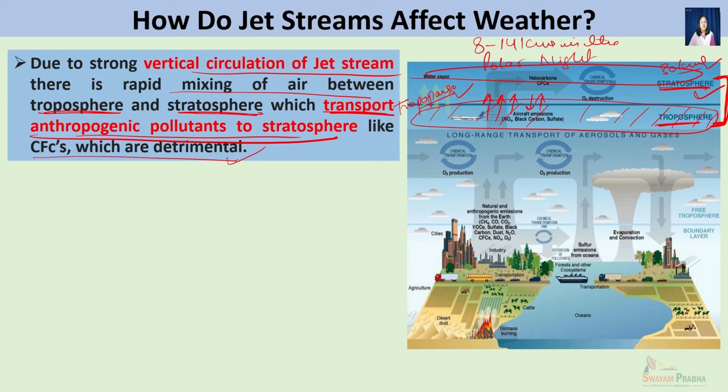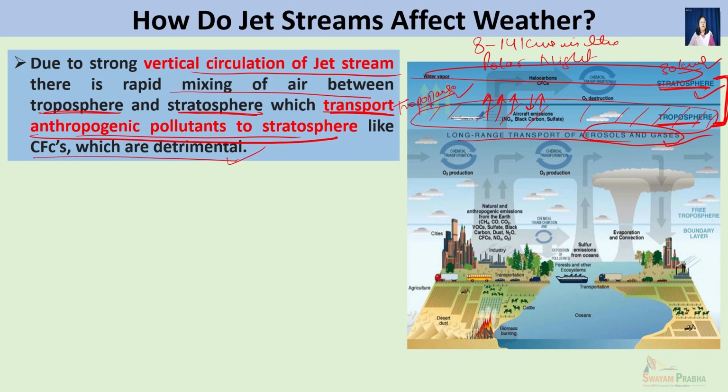Even the latitudes which are not producing anthropogenic pollutants, even in those regions, these pollutants are transferred. So they sometimes lead to long-range transport of aerosols from the lower latitudinal areas to the polar areas.